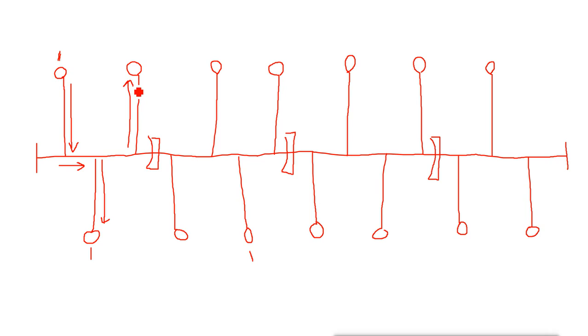But when it tries to go to the other segments, the bridge will stop it, and the bridge will not allow this data to go to other segments, because the data belongs to this machine which is in the same segment. Now when these two machines are communicating, their data will remain in the same segment, it will not go to any other segment.